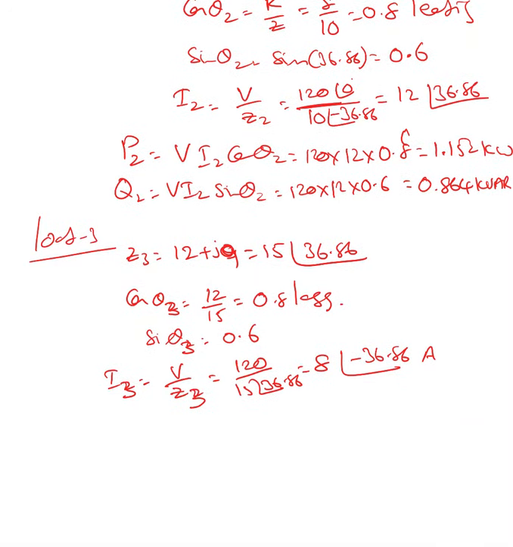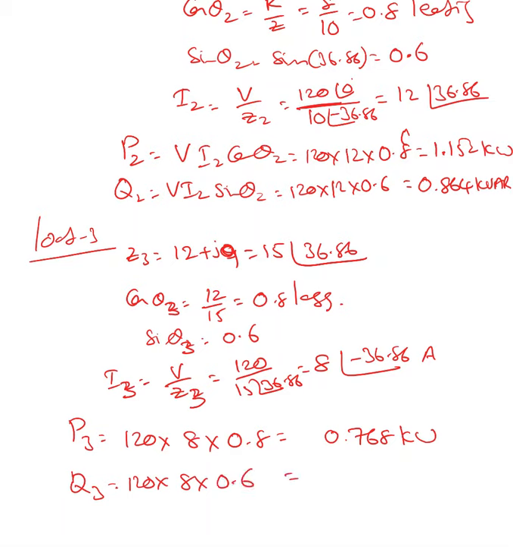Now once I have I3, P3 must be 120 times I3 times cos theta 3, 0.768 kilowatt, and Q3 equal to 120 times 8 times 0.6, 0.576 kVAR, kilovolt ampere reactive.